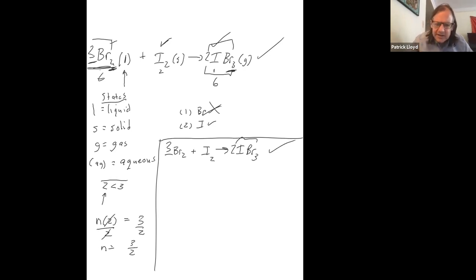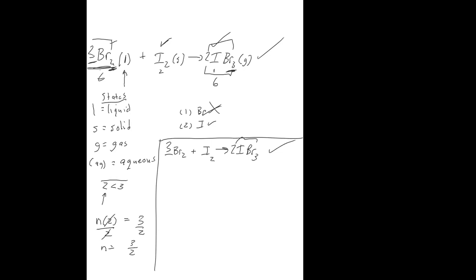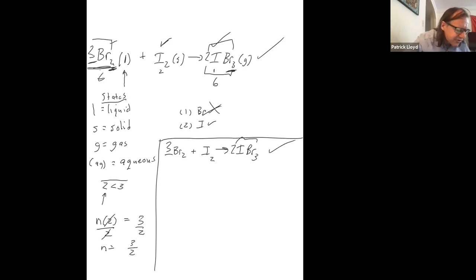Okay, Sophia, let's go back to your question then. Can you give us some more specifics about what you're talking about? So, not specifically in the balancing equation section, but just a little bit later, it relates back to being able to count the number of atoms in these.